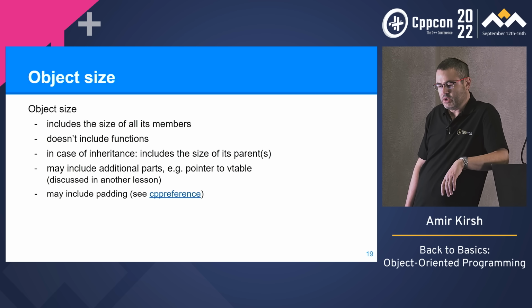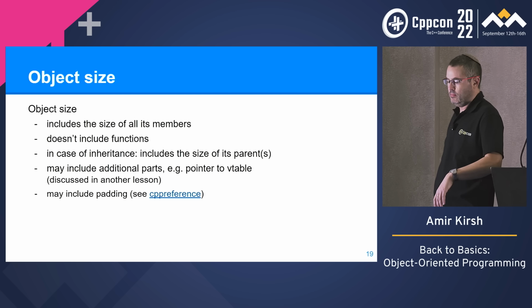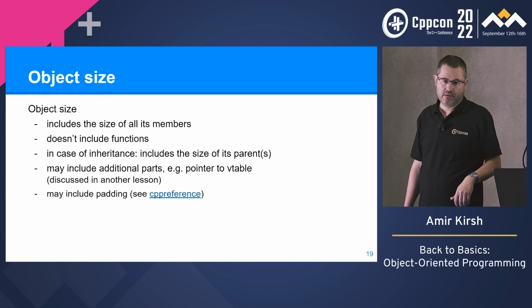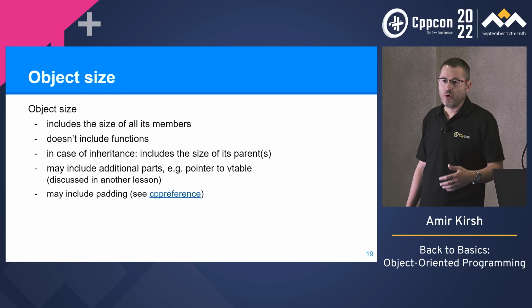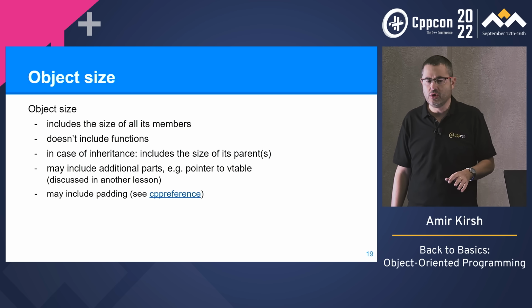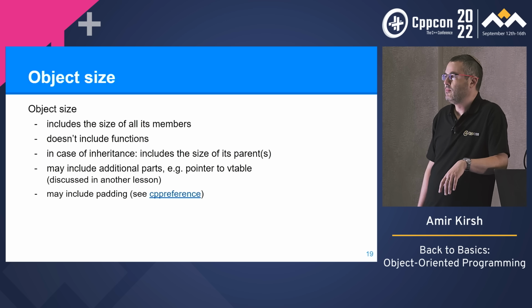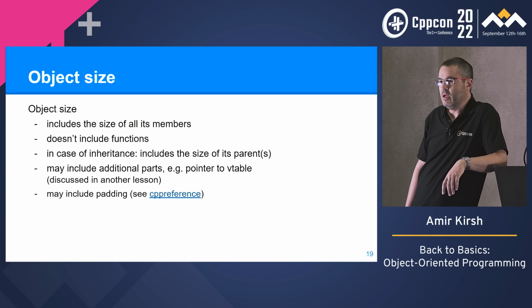Object size. Object size would include all its members, the members that come from its parent. It may include additional parts like a pointer to a vtable. And it may include padding. So if you are relying on your own calculation of the size of the class, don't do that. Use sizeof. Padding is a real thing.